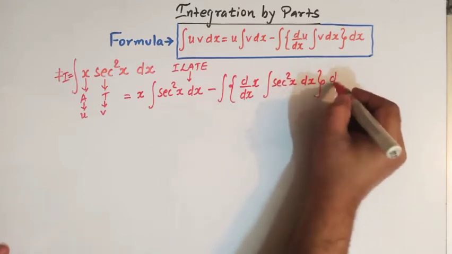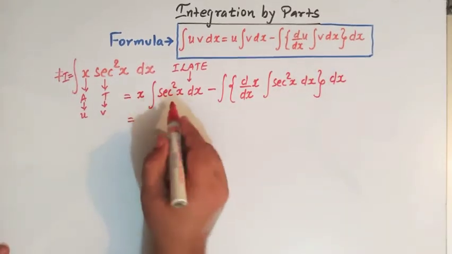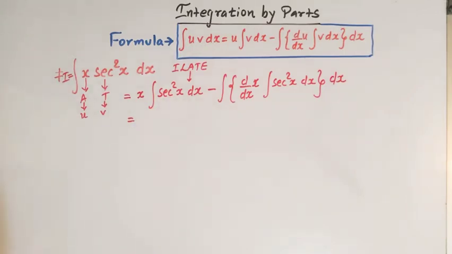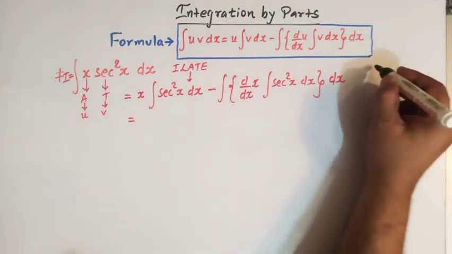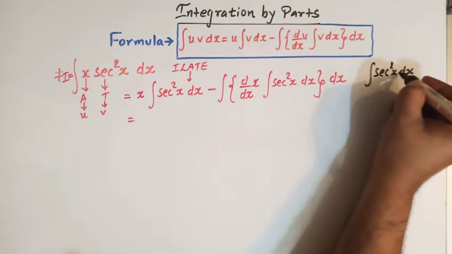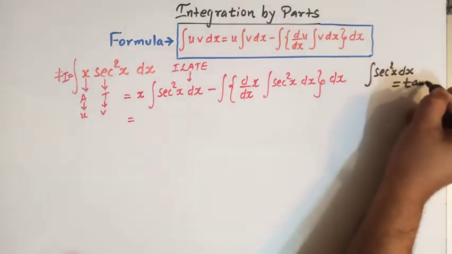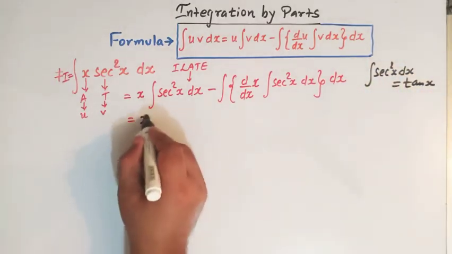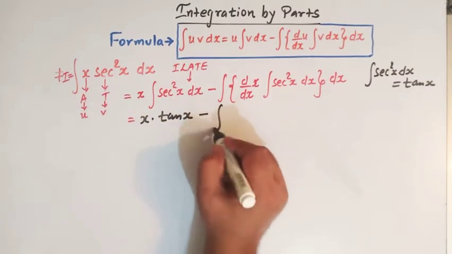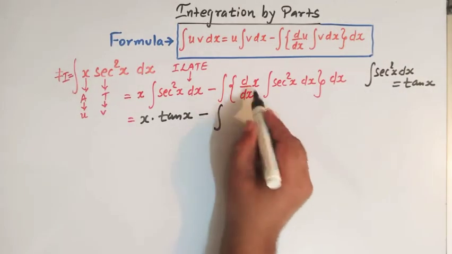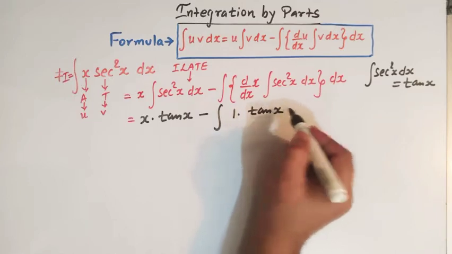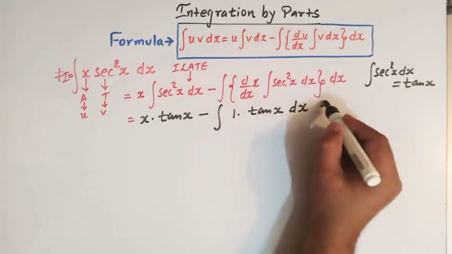And here we have dx. Now we know that the standard formula for the integral of sec square x is tan x. So here we have x, then we have tan x, and minus, here we have integral, then the derivative of x is 1, here we have tan x, and then we have dx, and plus c.